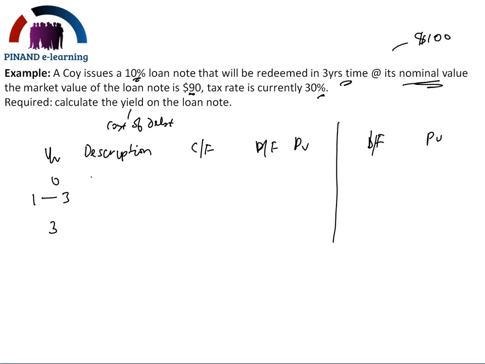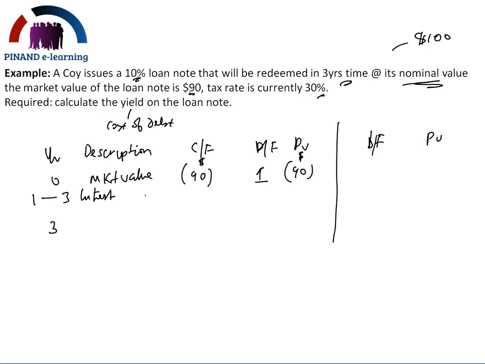Okay, let's see. Here, year 0 is the market value. The market value here, we say it is $90. Discount factor in year 0 is always 1. Now year 1 through 3, we have the interest.